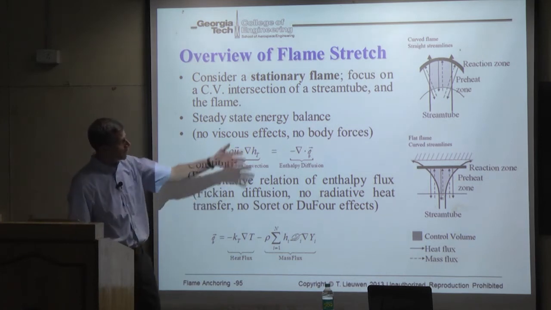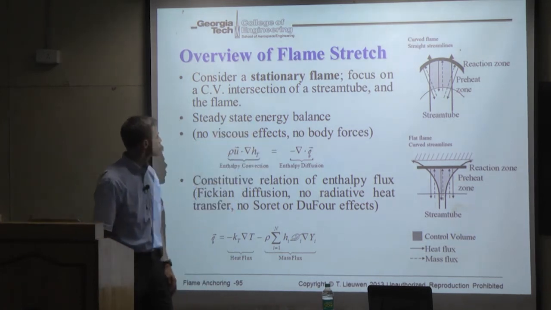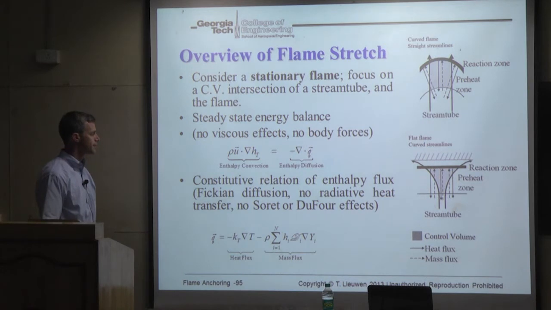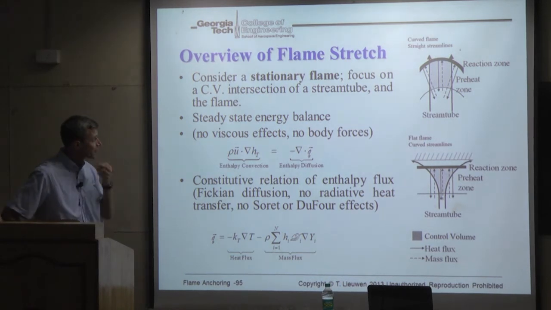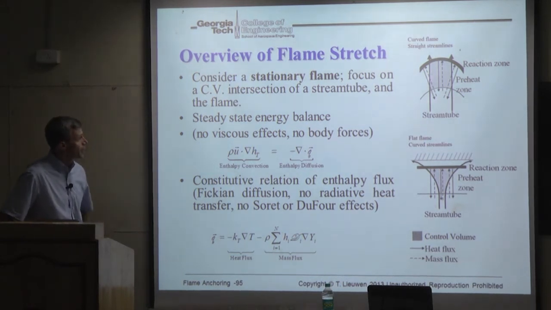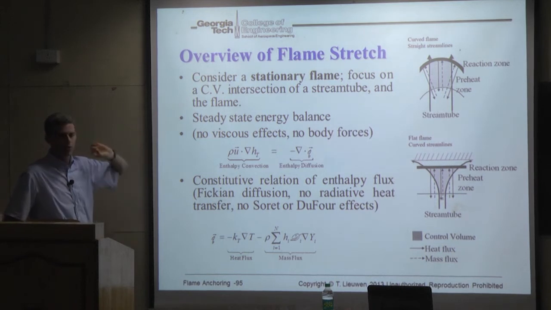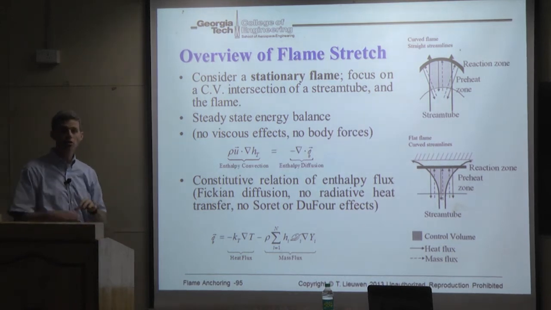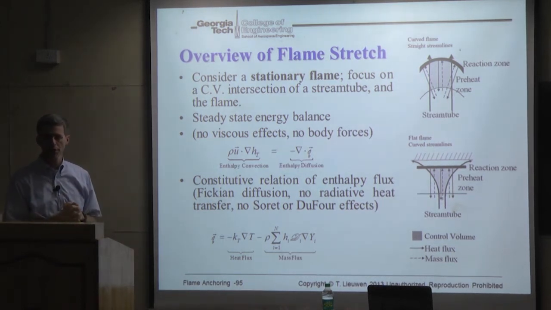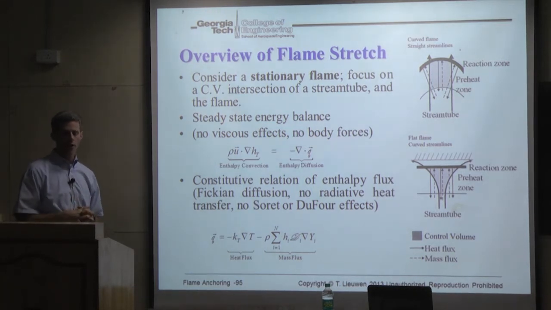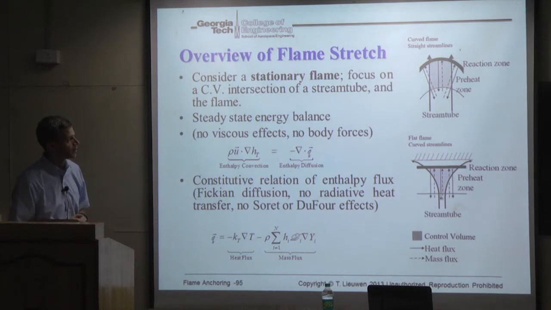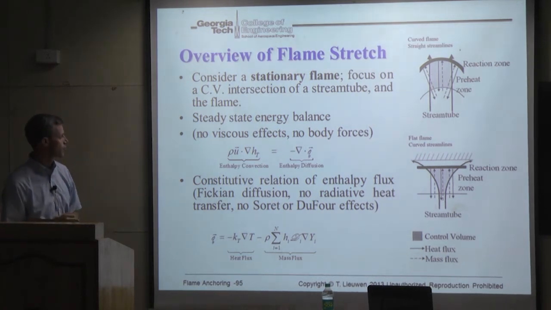So I've just reproduced those two pictures, and I want to emphasize that right now I'm focusing on stationary flames. There's an additional mechanism for flame stretch if your flame is moving, and that also changes the balance between the reaction zone and the preheat zone.